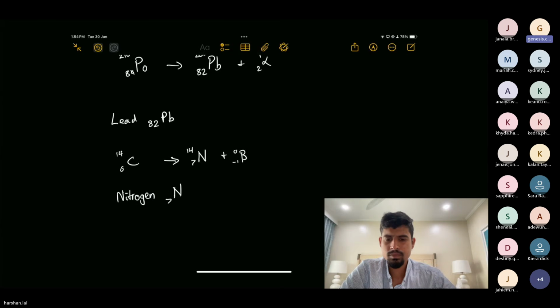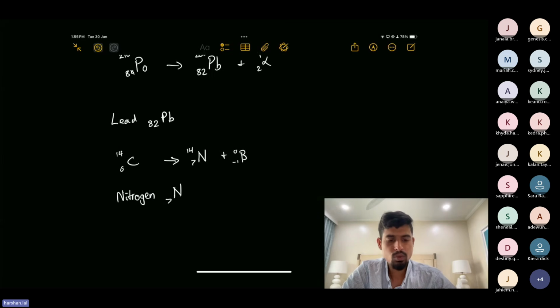Alpha is paper. Right. Alpha particles can be stopped by paper. What can beta particles be stopped by? So paper cannot stop beta particles.